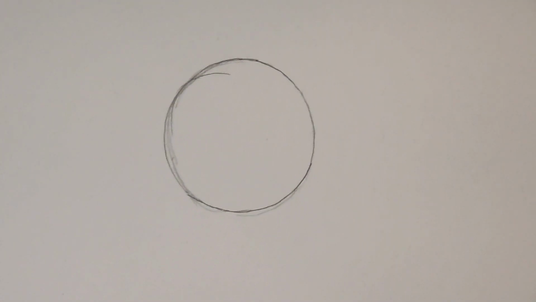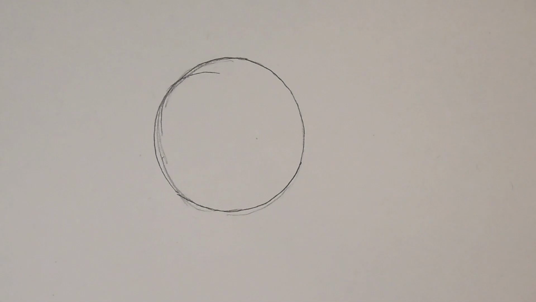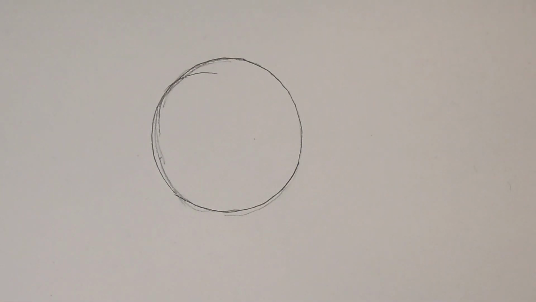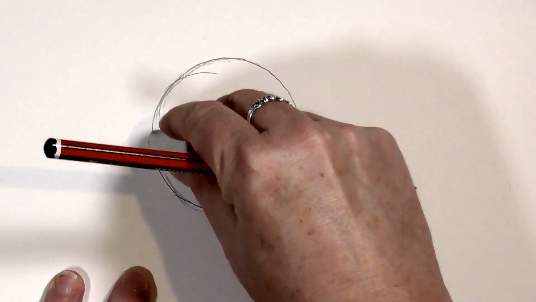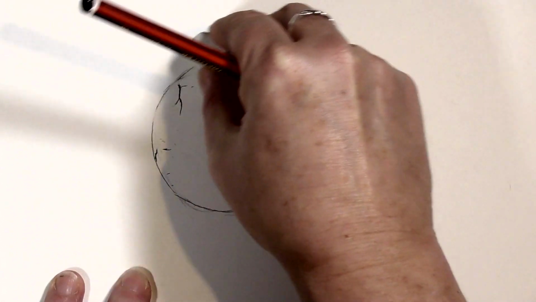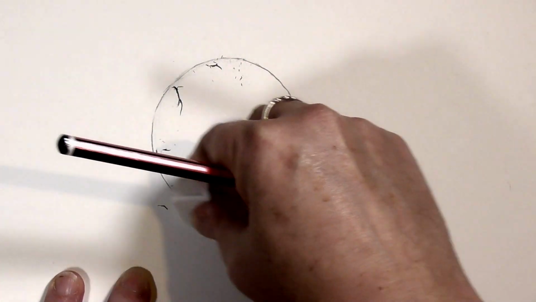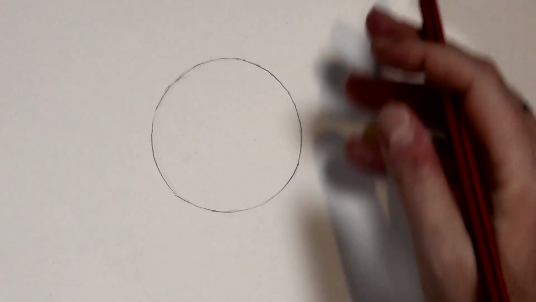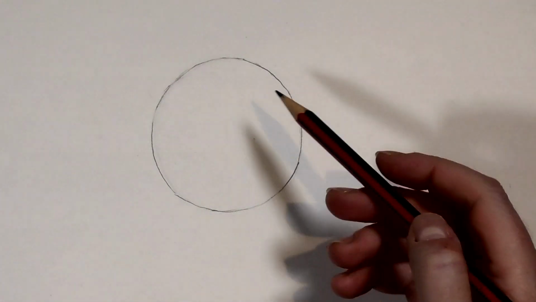I'm just going to move that into the centre of the shot a bit more. Okay, so that's the outer one. I'm just going to get rid of a couple of these lines to make that a little bit cleaner. Okay, so we've got our first circle.